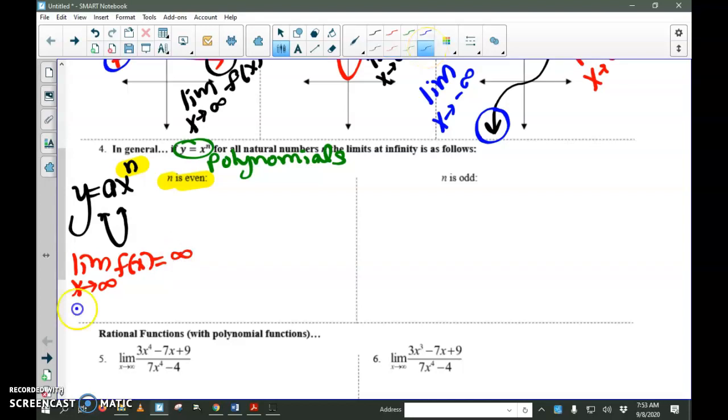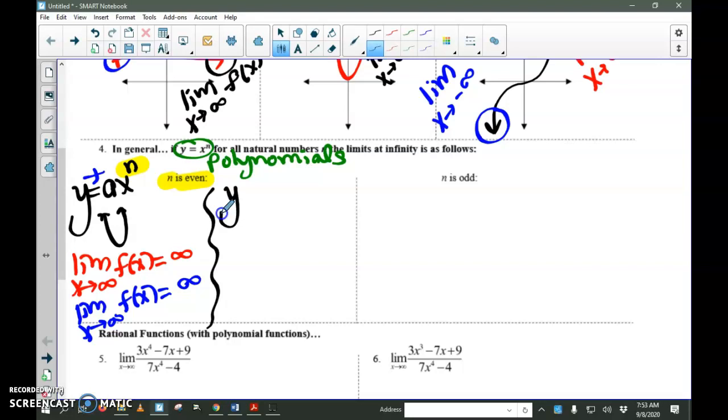And the limit as x approaches negative infinity for this function is also equal to infinity. Okay? So when I have a positive leading coefficient, that a value is positive, and I have an even exponent, I would have a graph that looks like this, and my end behavior would be written as the red and the blue limits. But there is another scenario.